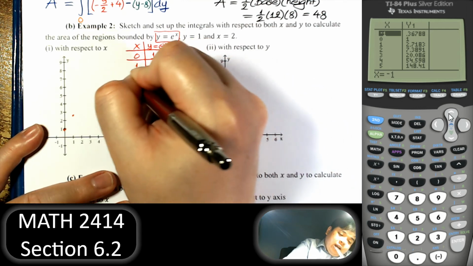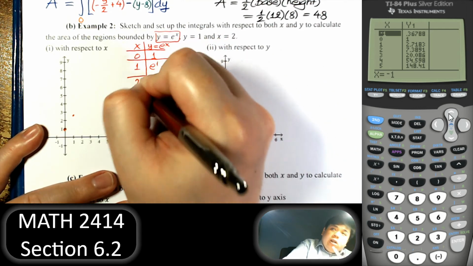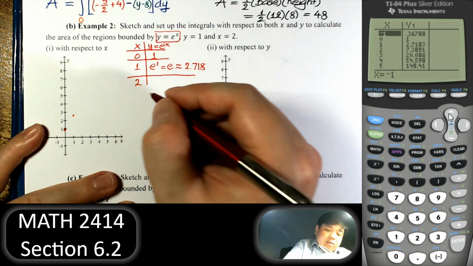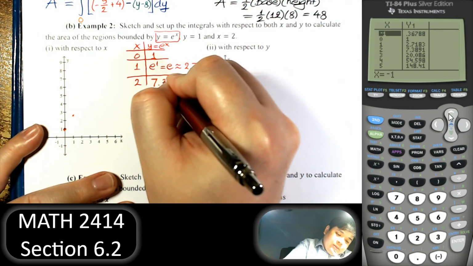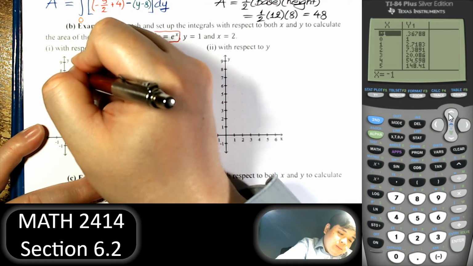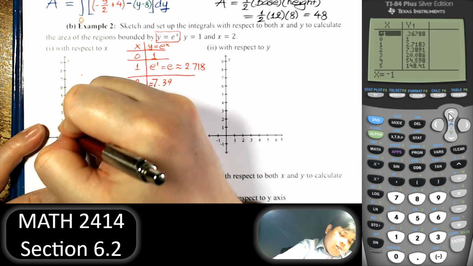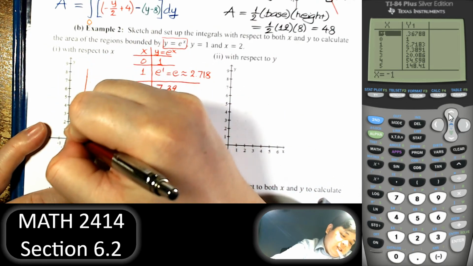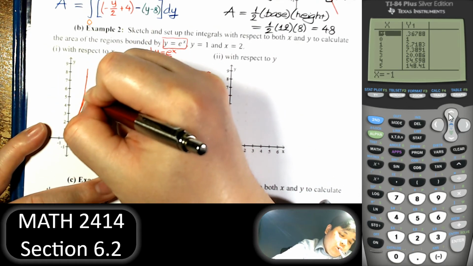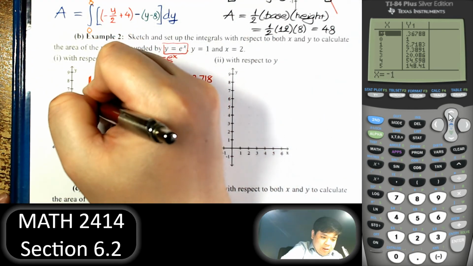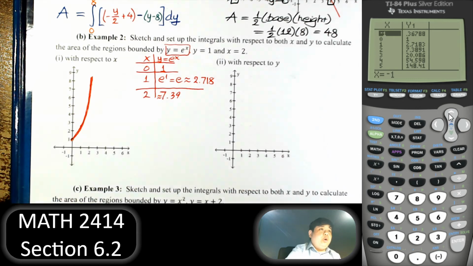And then when x equal to 2, it will be 7.389, let's say 7.39, approximately. So this is the exponential function. I said it goes to infinity very fast, faster than any polynomial function.